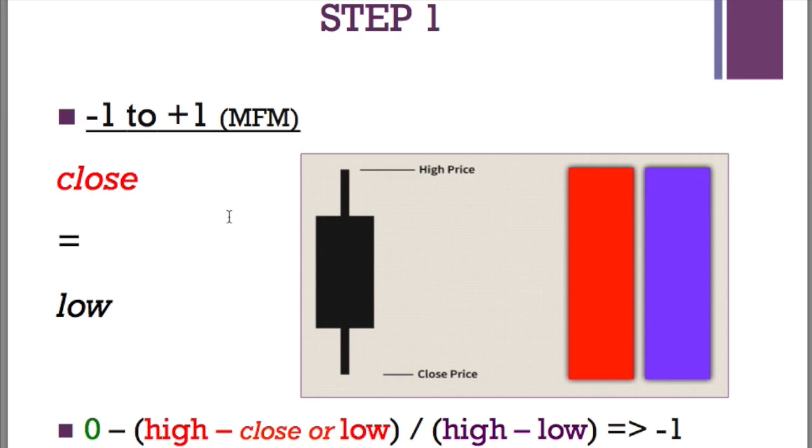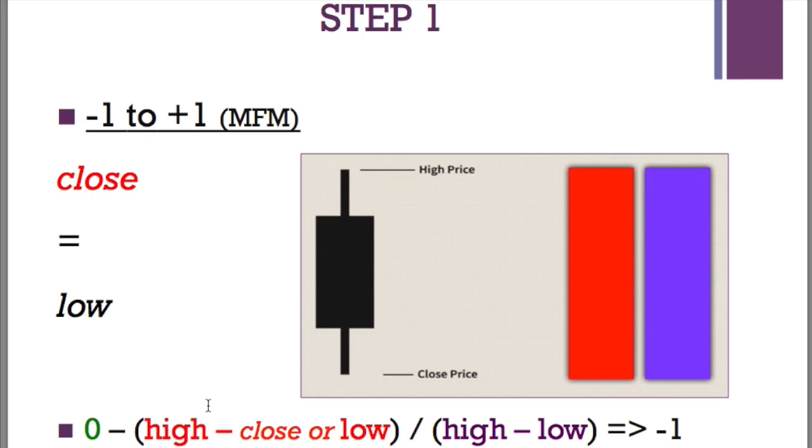So the first extreme case, the close is the low, right? So the close price is actually the lowest price. So remember the formula, the close minus the low, but the close is the low. So low minus low is 0. And that's why here this green box, this green area disappeared.